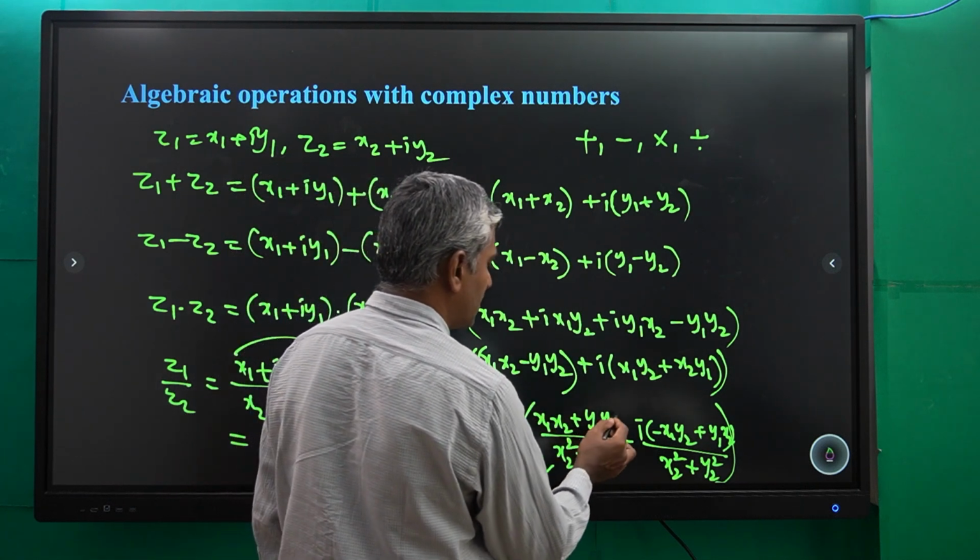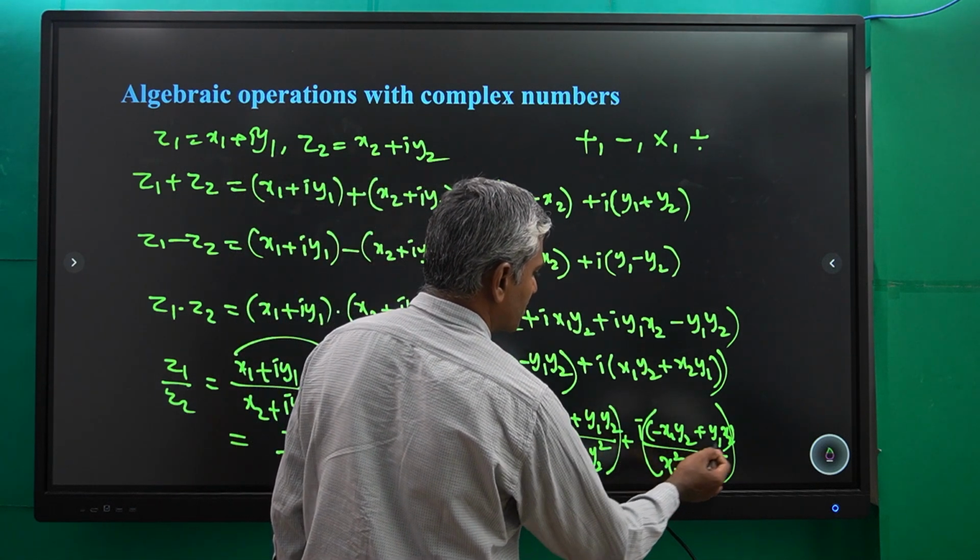Hence this is the real part and this is called the imaginary part.